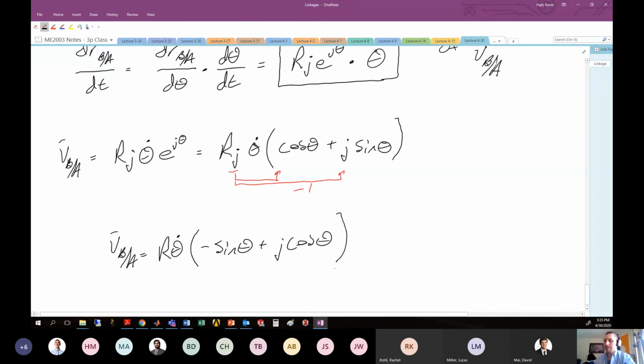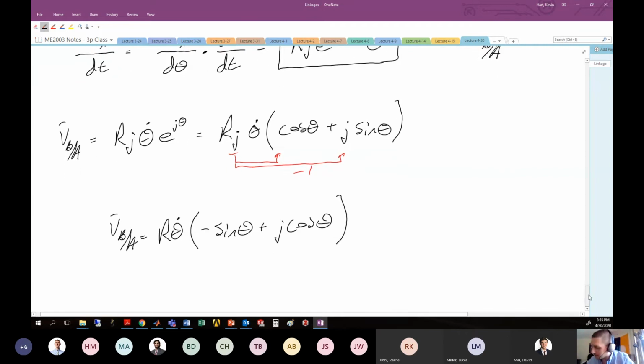Now let's take a step back and look at this. Here's my magnitude, and it looks a lot like r omega. We know that the magnitude of the velocity is r times omega, so this is very similar to what we might expect.